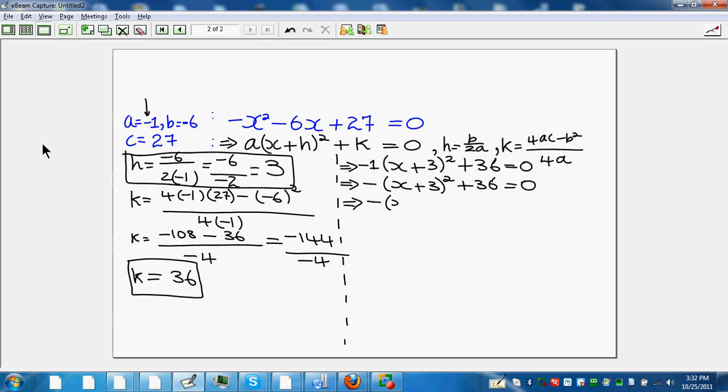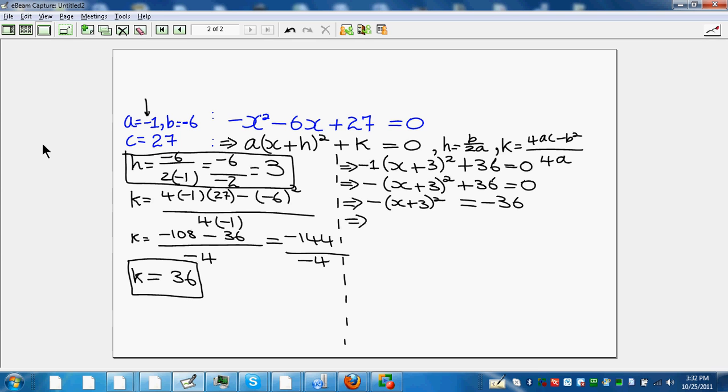The result is we get minus (x plus 3) squared equal to minus 36. The next step is, I'm going to divide this side by minus 1 to remove that, and I'm going to divide this side by minus 1 as well.